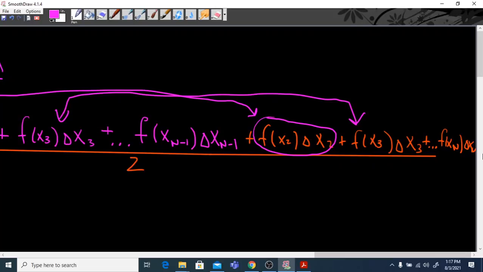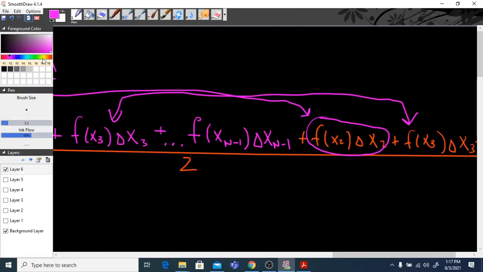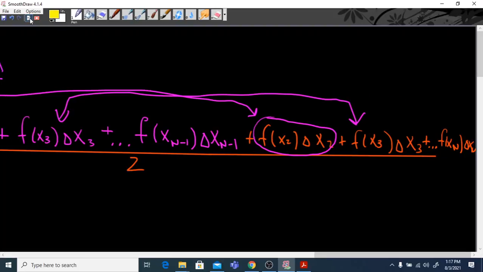Because the very last one is unique to the right rectangle approximation method. This guy is RRAM unique. But the rest of them have 2 copies in the middle.